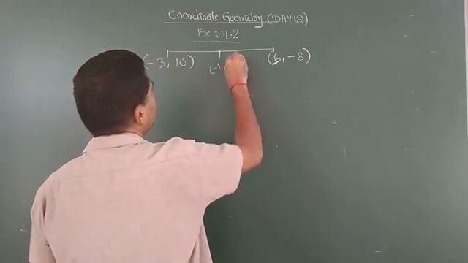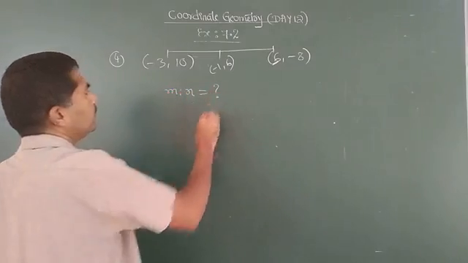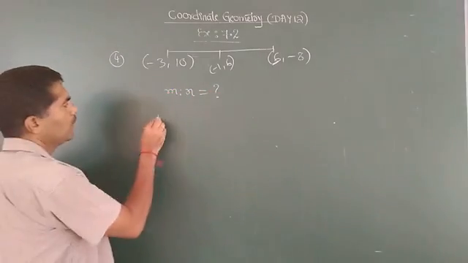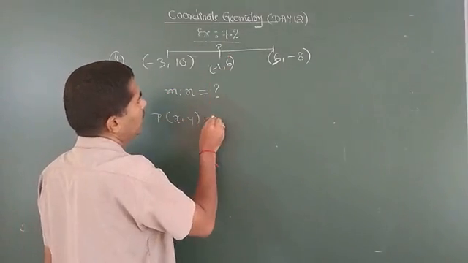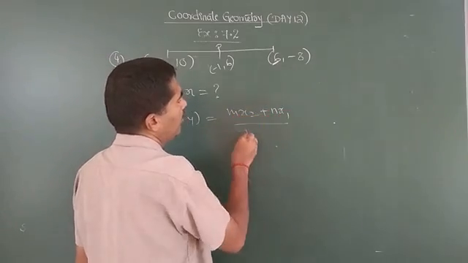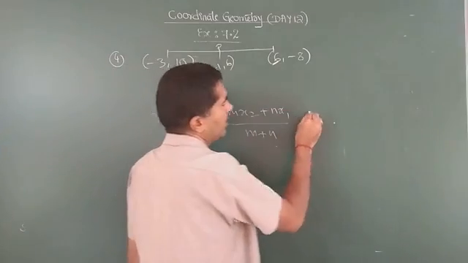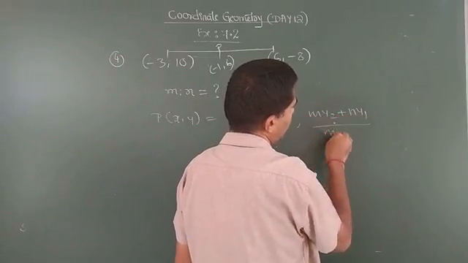You are supposed to find the ratio m is to n. You know how to do. P(x, y), let us say it is P, equal to (mx2 plus nx1) by (m plus n), (my2 plus ny1) by (m plus n).